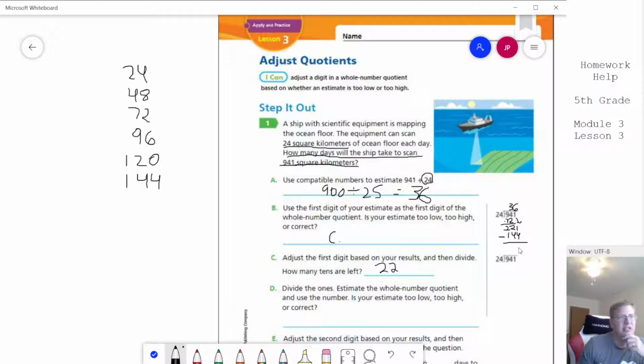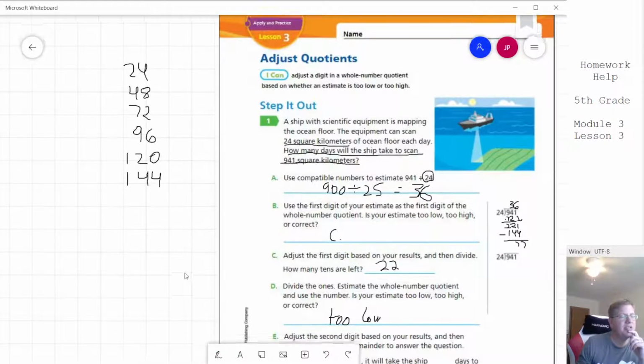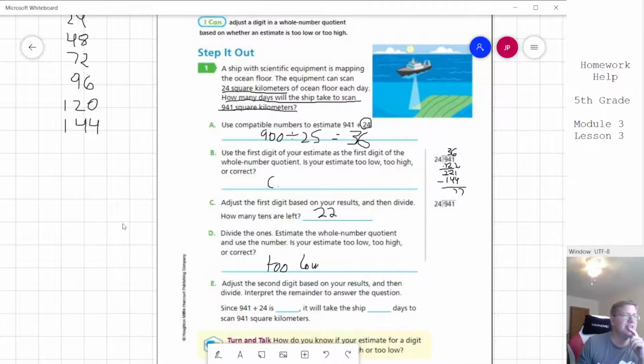We're going to end up with 77 left over. So I could make another 3 more groups of 24 out of that. It is too low. And so that means the estimate gets us pretty close, but it doesn't give us the exact answer.